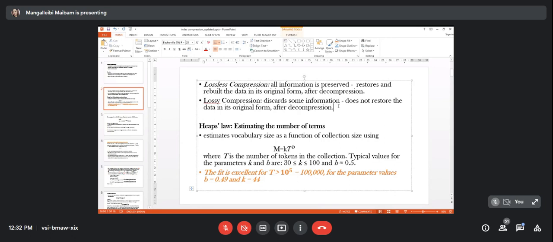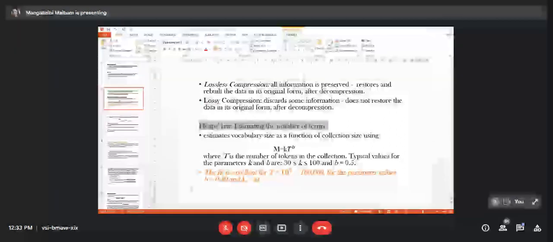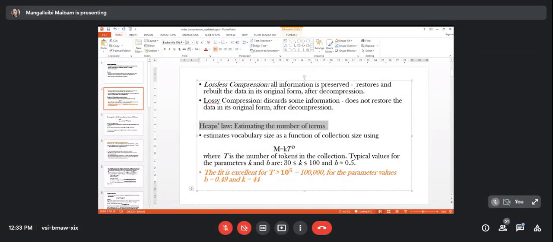Before coming to the compression techniques, first we will learn how to estimate the number of terms using Heaps' law. Estimating the number of terms here means estimating the vocabulary size as a function of collection size.